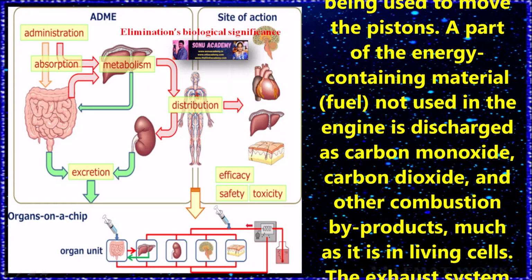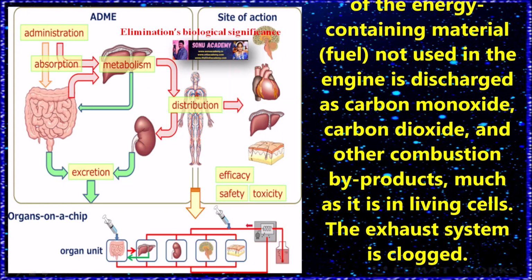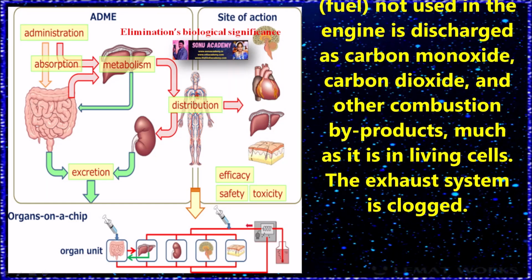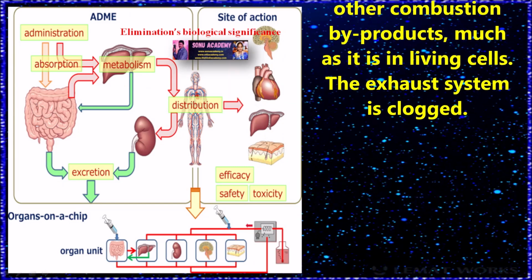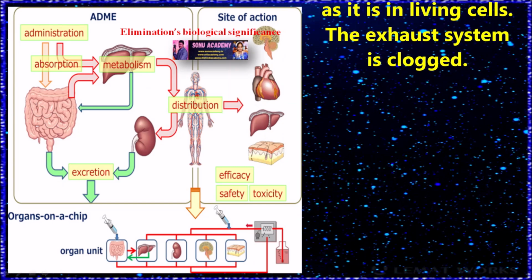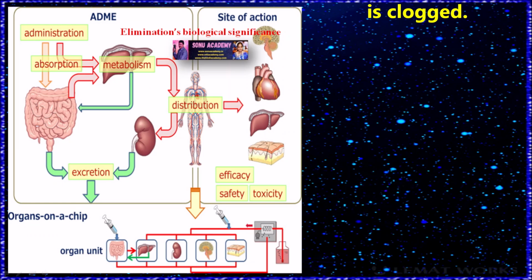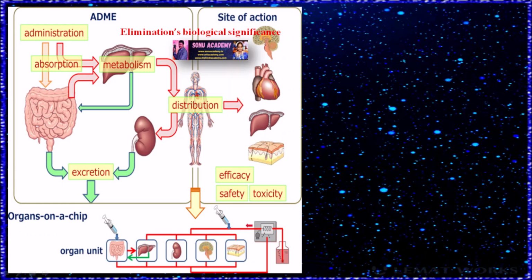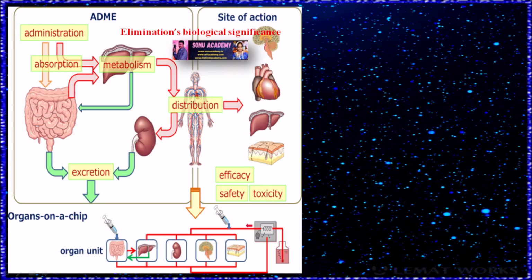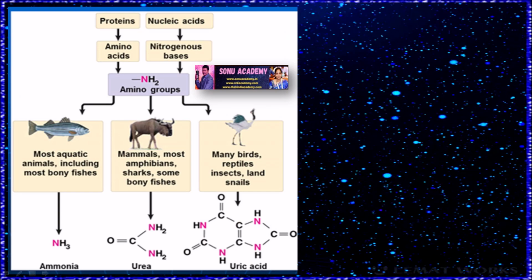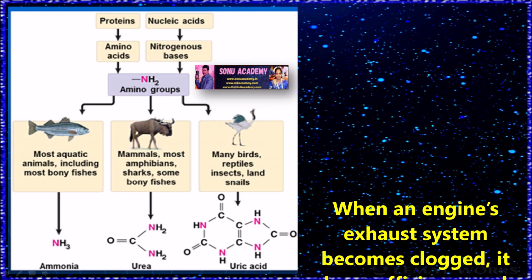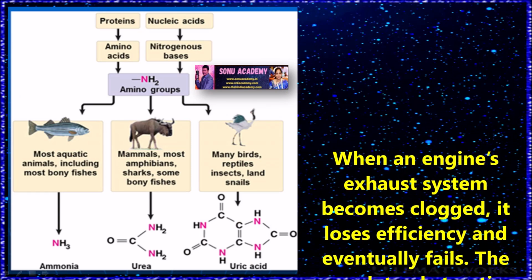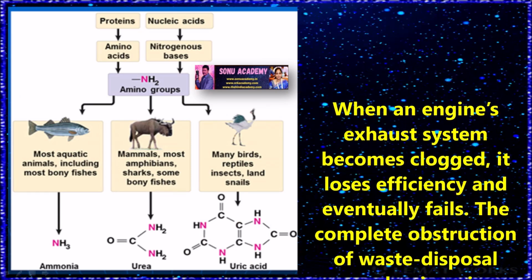A part of the energy containing material not used in the engine is discharged as carbon monoxide, carbon dioxide, and other combustion byproducts, much as it is in living cells. When an engine's exhaust system becomes blocked, it loses efficiency and eventually fails.